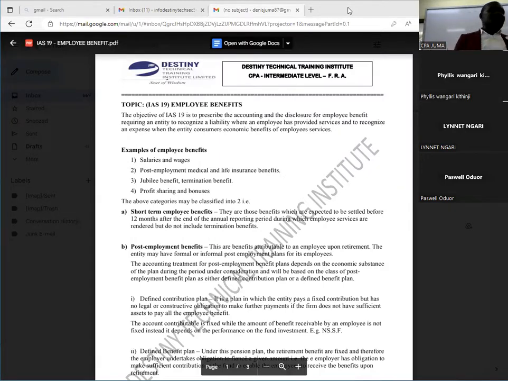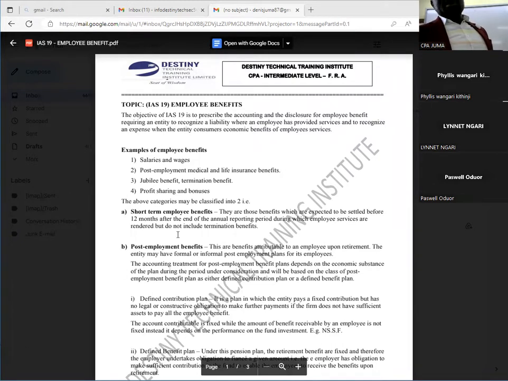So examples of employee benefits: we have salaries and wages, post-employment, medical, life insurance benefits. We have jubilee benefits and termination benefits.